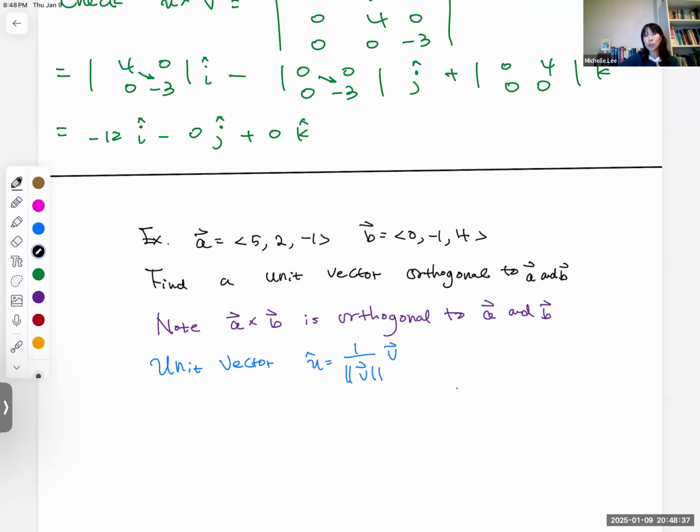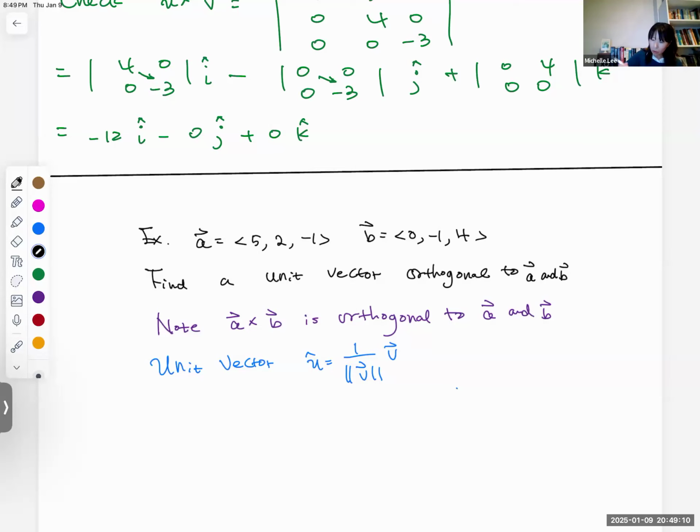Then for the unit vector, how did we find a unit vector before? It equals 1 over the magnitude of vector V times vector V. A cross B is orthogonal to A and B, so we follow the same form.